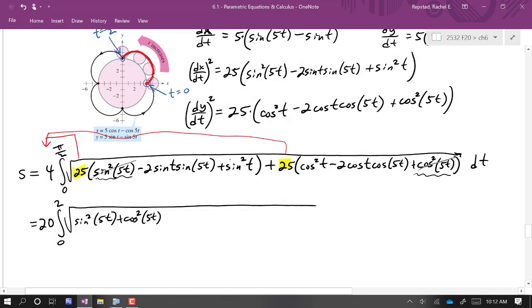Then next we have sine squared t plus cosine squared t.